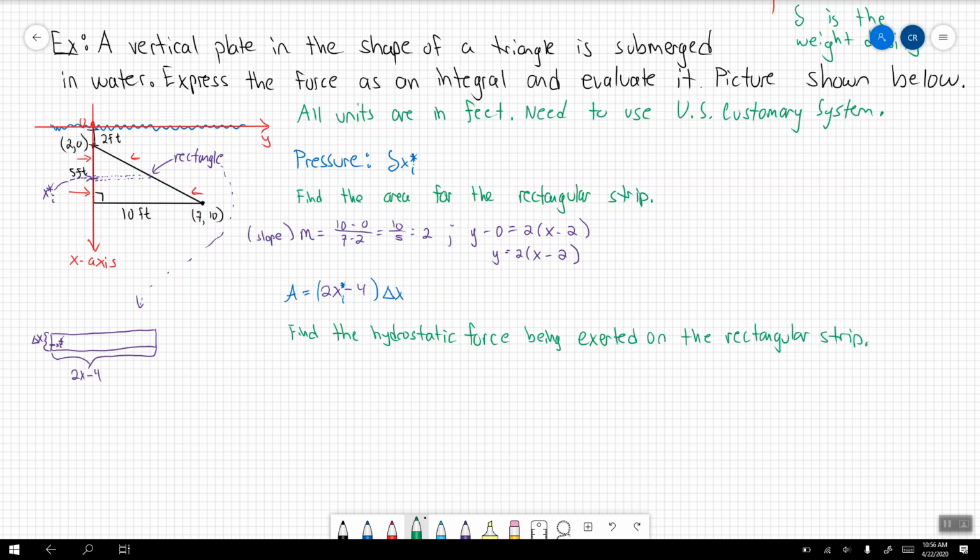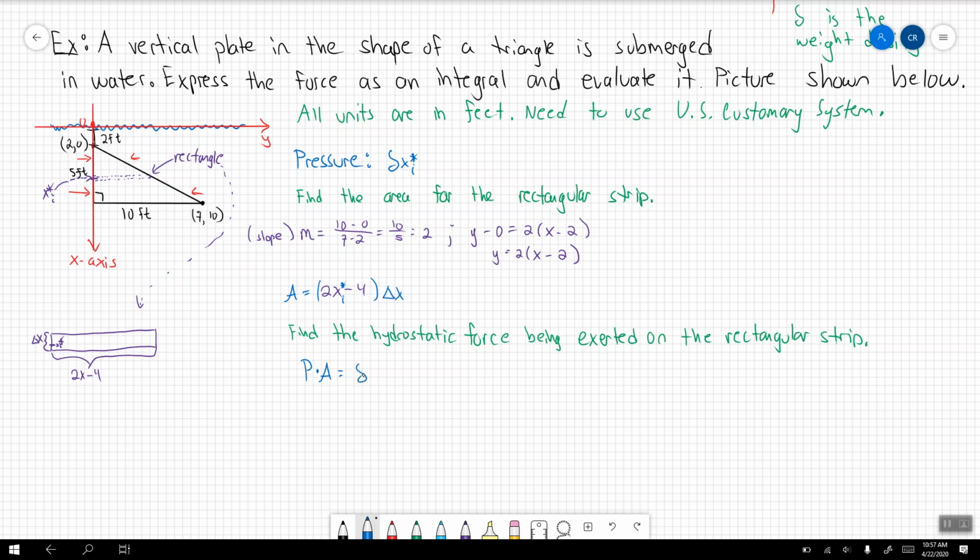If we want to find that hydrostatic force being exerted on the rectangular strip, we're going to take the pressure that we found and multiply it by the whole area that the strip has exposed. So in this particular case, we take the pressure and multiply it by the area of that rectangular piece that we found.